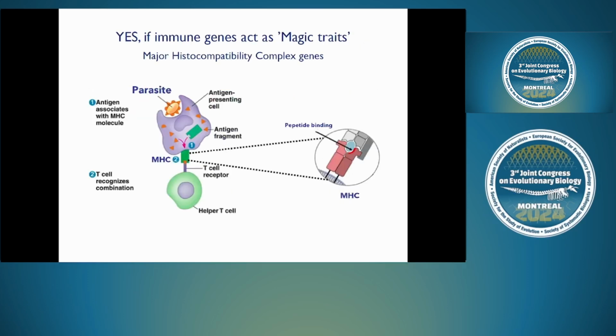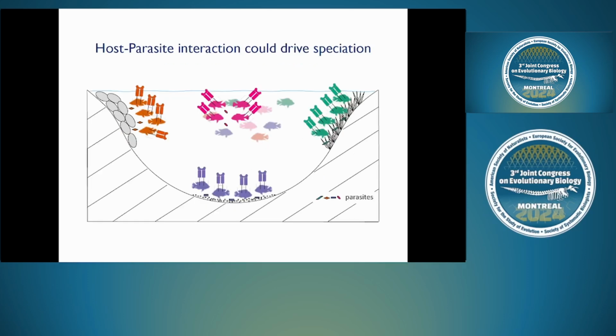And this works if you have a magic trait, as MHC genes are, the major histocompatibility complex genes of the adaptive immune system, which respond to different parasite communities, but also have an influence on mate choice that has been proven in different organisms, in some fish examples as well.